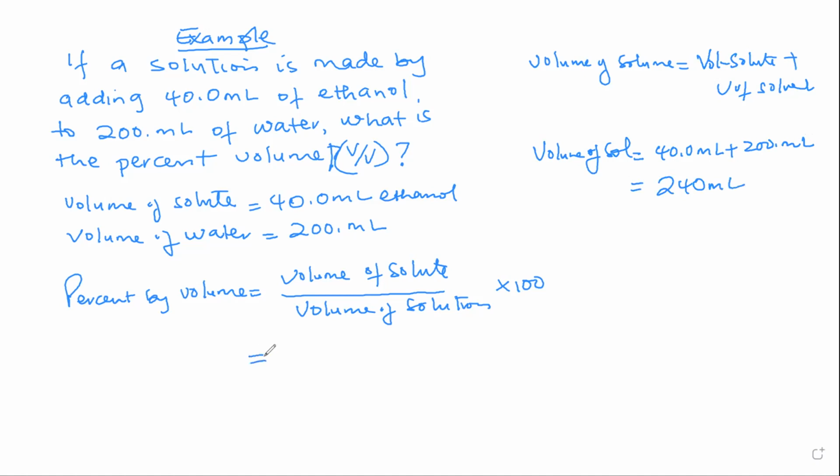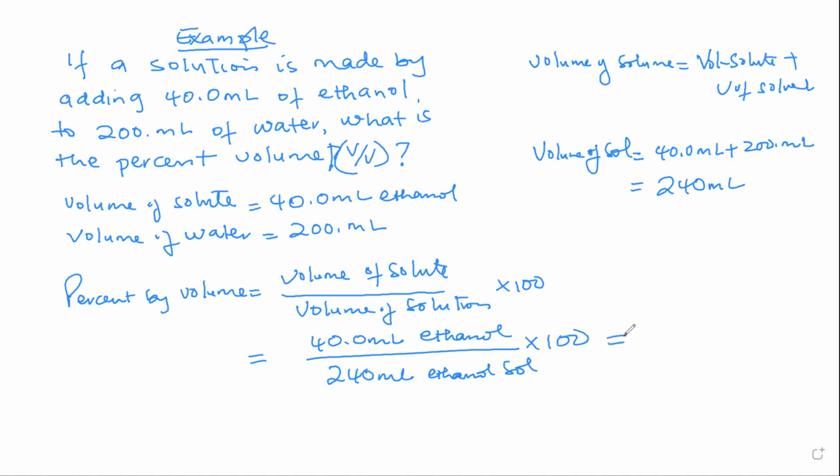So now, the volume of solute is 40.0 ml of ethanol, and the volume of solution is 240 ml of ethanol solution, times 100. And this will give 16.7% ethanol. That's it.